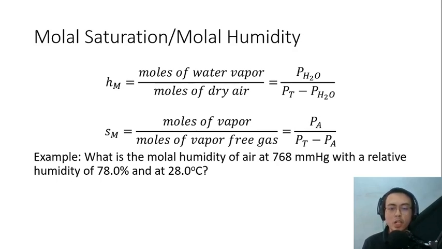What is the molar humidity of air at a pressure of 768 millimeters mercury with a relative humidity of 78% at a temperature of 28 degrees Celsius? Okay, we're asked for the molar humidity.